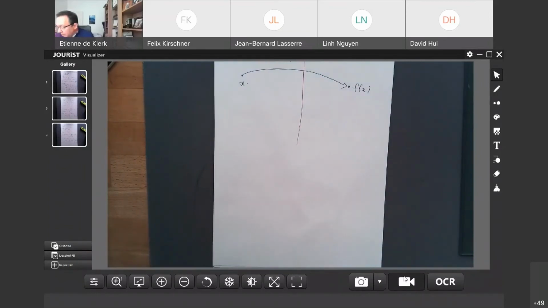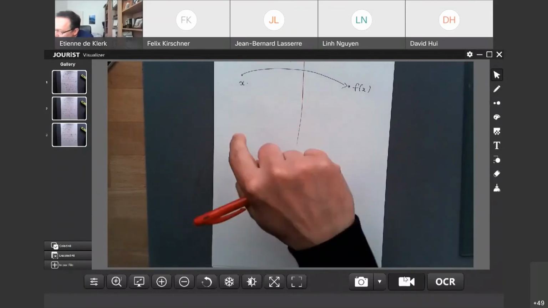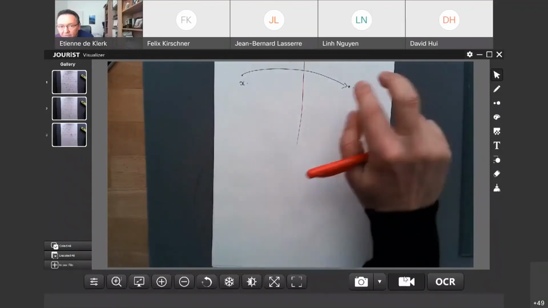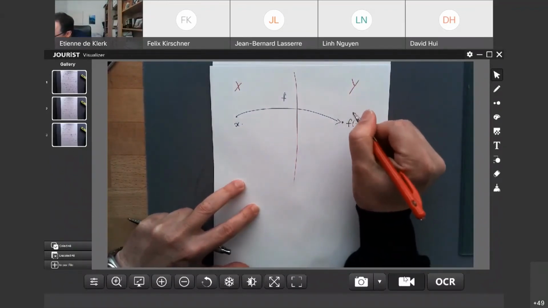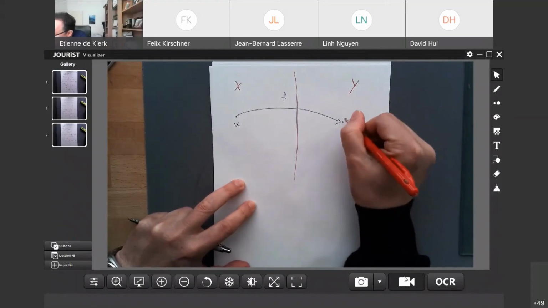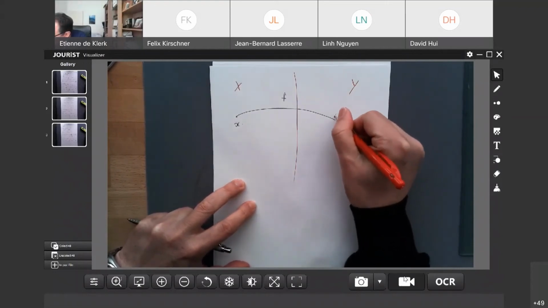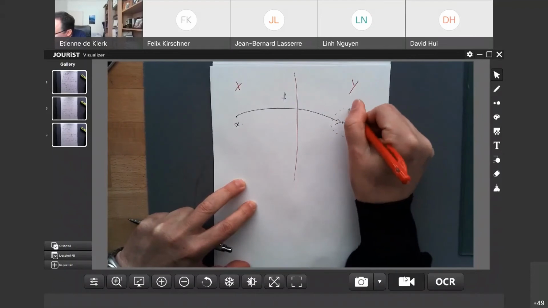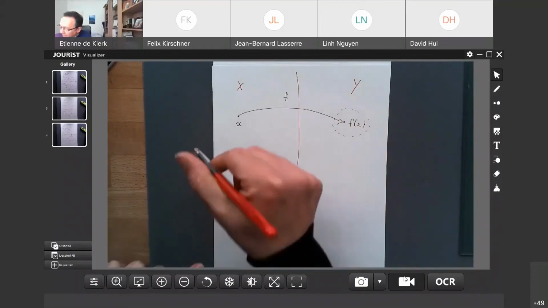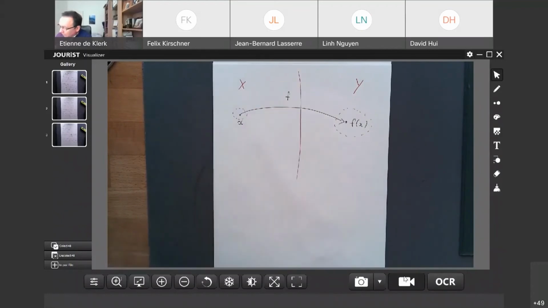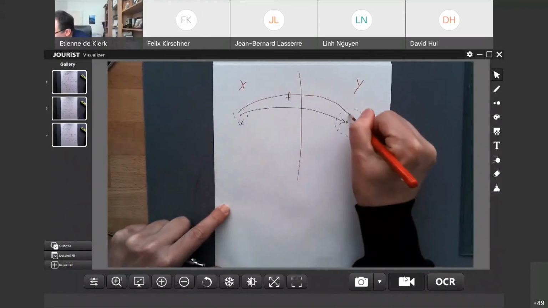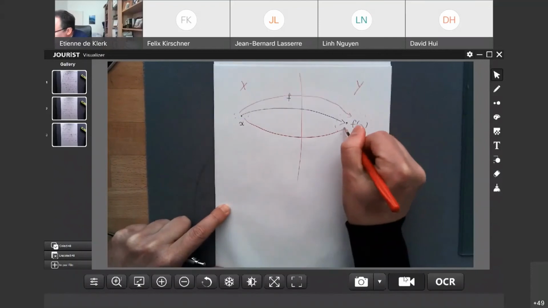So now we can say that F is continuous at the point X if for any neighborhood of F of X in Y, so we just specify this neighborhood here, some open set that contains F of X, then there exists a suitable neighborhood of X, such that this neighborhood is always mapped into that neighborhood there.